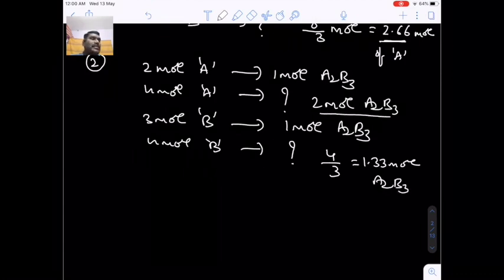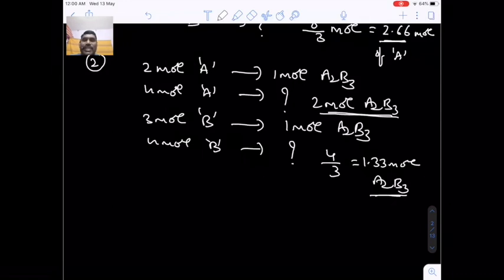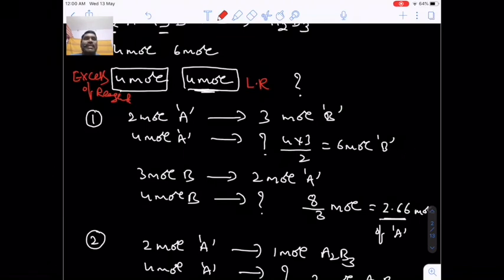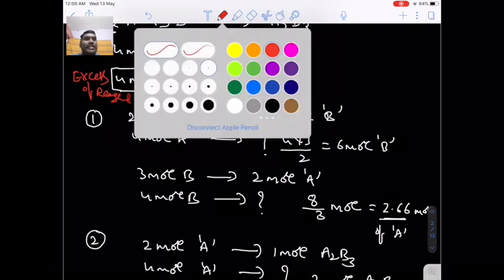Out of these, where is the number of moles of product less? Here. That means the reagent which produces fewer moles of the product is called the limiting reagent. That means reagent B will be the limiting reagent and A will be the excess reagent. This is the second method.